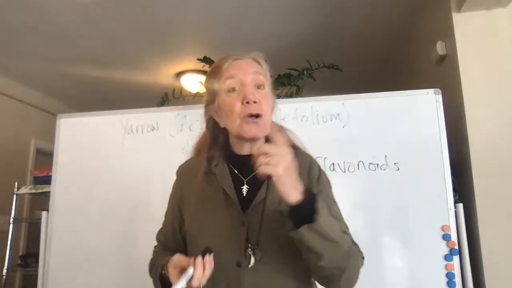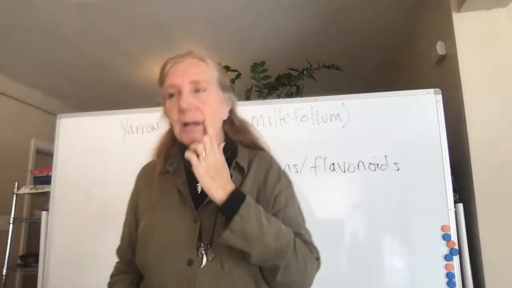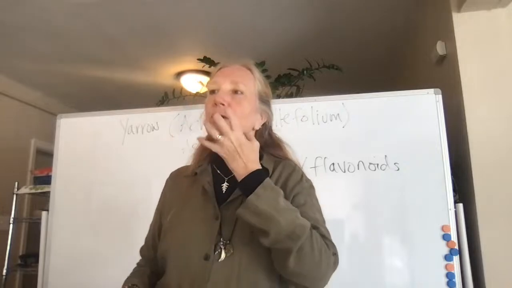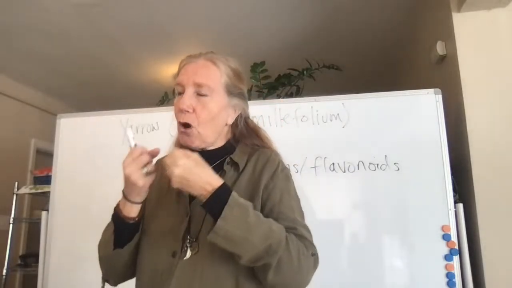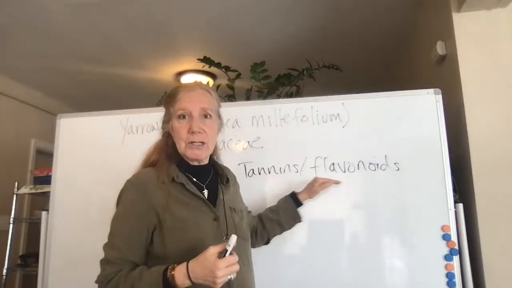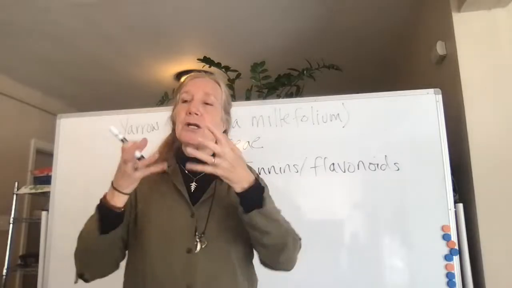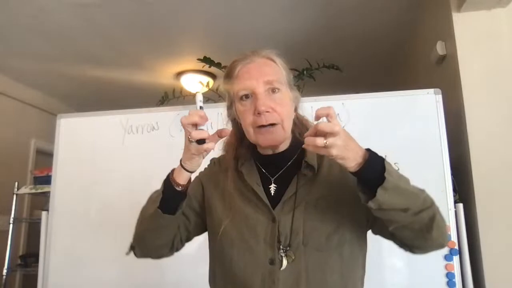And so when we feel tannins, when we feel that effect, we know that there's going to be stabilizing of tissues, right? Making tissues stronger, healthier, more elastic. We may not know exactly which tissues until we know which flavonoids are in there, but we can feel in our mouth that there is an astringent, a tonifying effect.